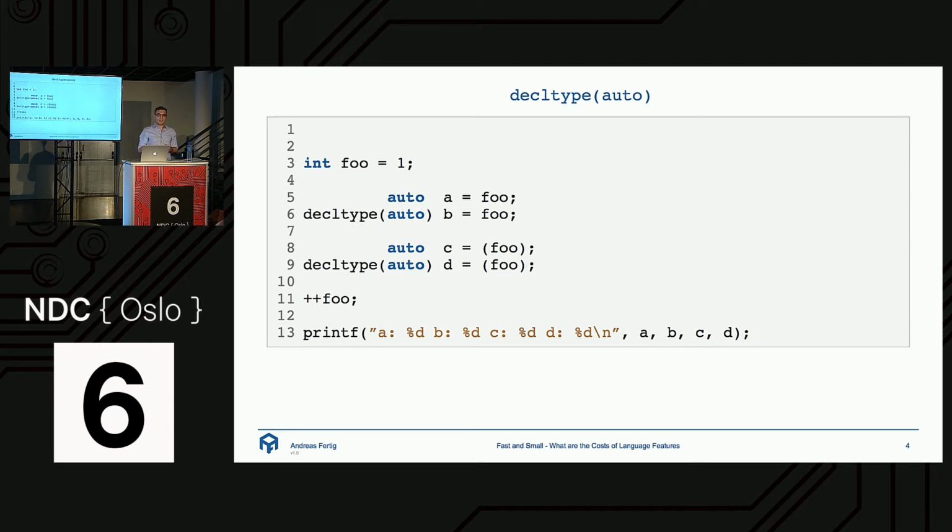Let's have a look at this example here. We have this ordinary program. The variable foo builds the base for it. From that, we deduce with auto and decltype four new variables, A, B, C, and D. In the last step, foo is incremented by 1.